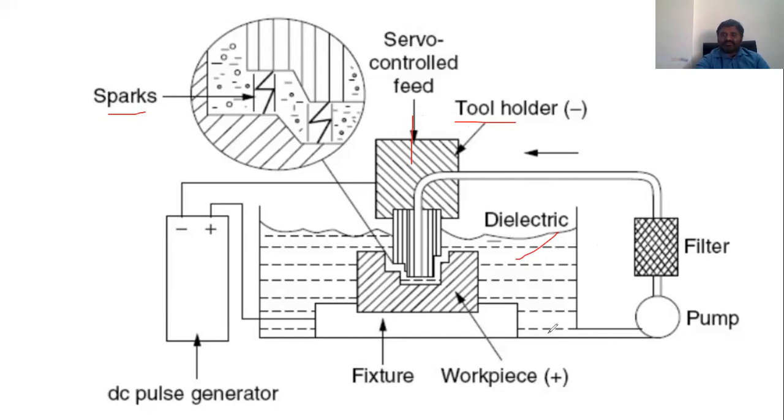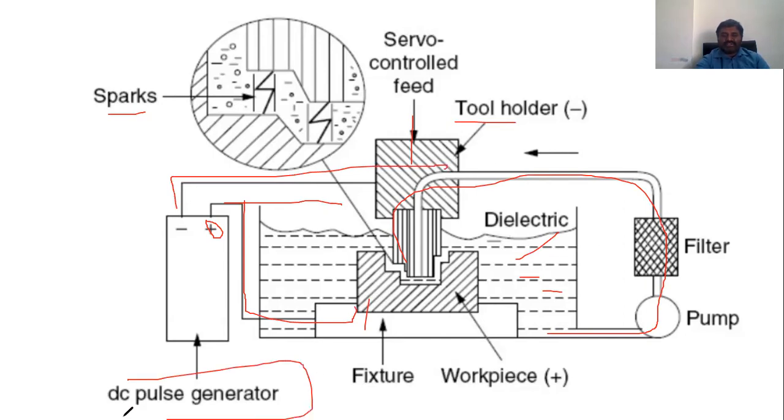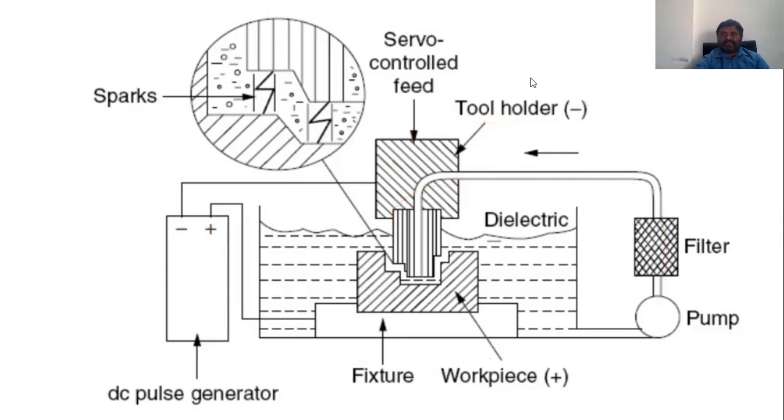We are pumping the dielectric fluid here, and a fixture holds the workpiece. The anode is connected to the workpiece, the cathode is connected to the tool holder, and a DC supply generator is used. This is the positive terminal and this is the negative terminal, the cathode and the anode.